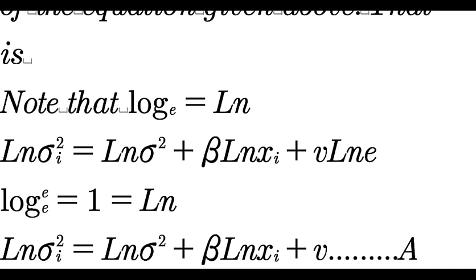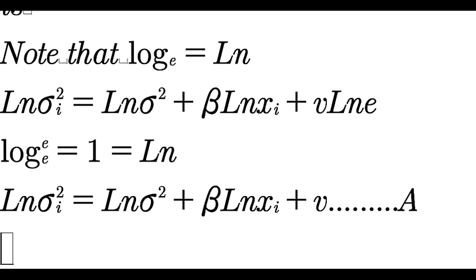So the equation above is the Park test equation. Having taken the natural log of the equation given above, our nonlinear equation, we have the linear equation in our equation A here.